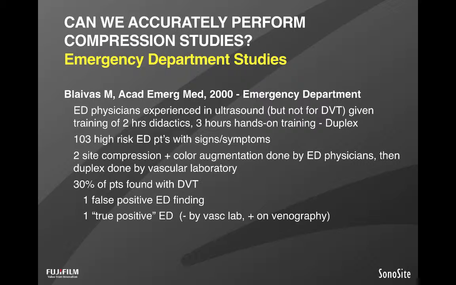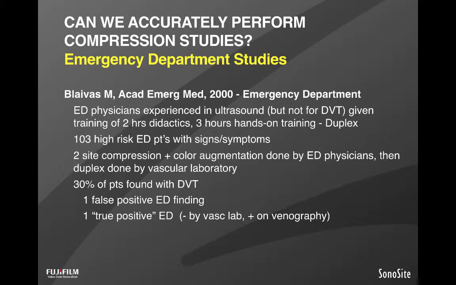So, why do I do it myself? Well, largely I took on this skill because of our colleagues in emergency medicine. They showed repeatedly in a number of studies that with focused training, emergency medicine physicians could achieve high accuracy.